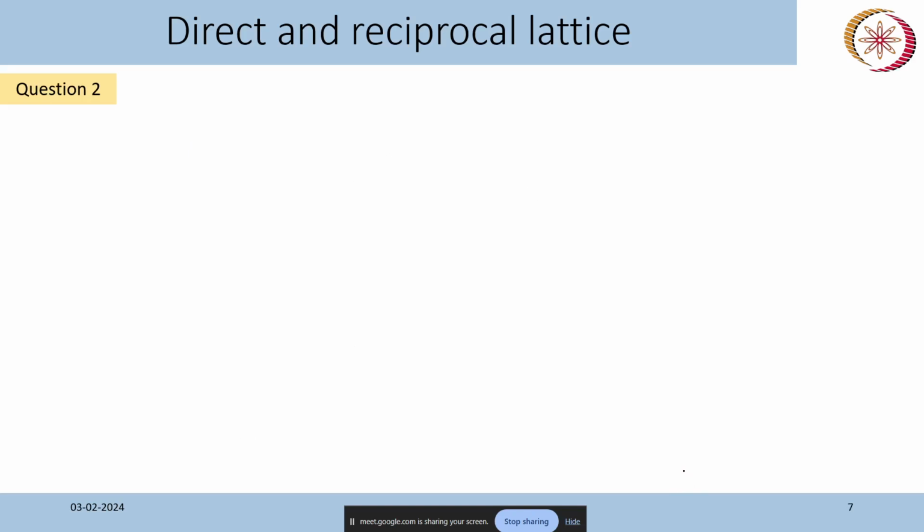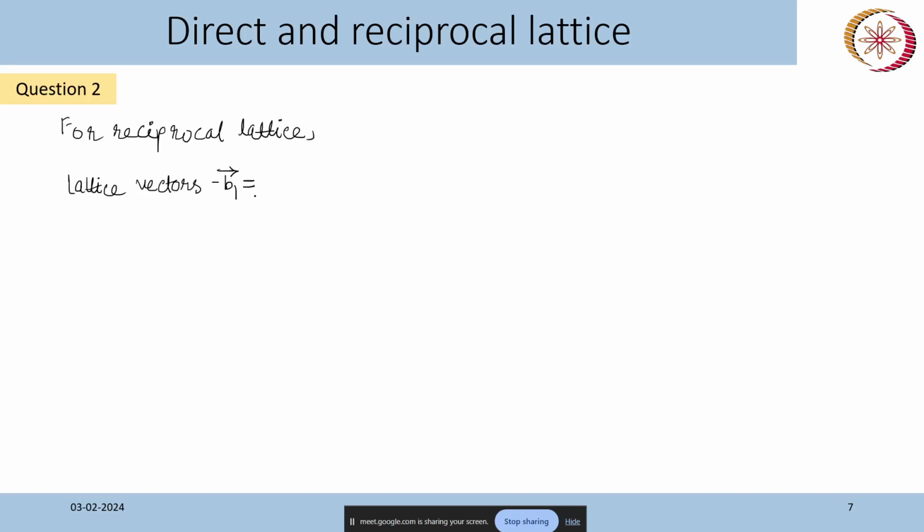For reciprocal lattice, lattice vectors will be B1.